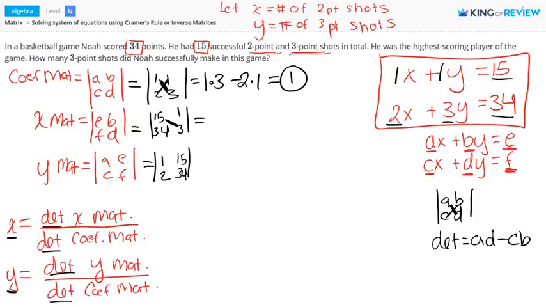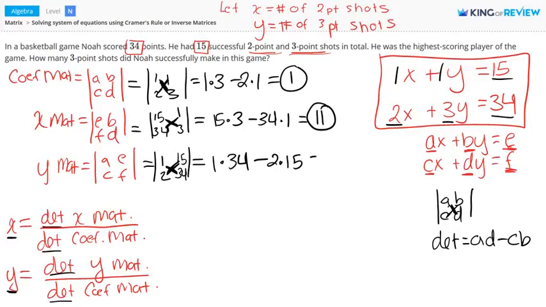Well, we have 15 times 3 minus 34 times 1. And when you work this out, this is equal to 11. And the determinant of the y matrix, well, we have 1 times 34 minus 2 times 15. And when we work this out, this is equal to 4.